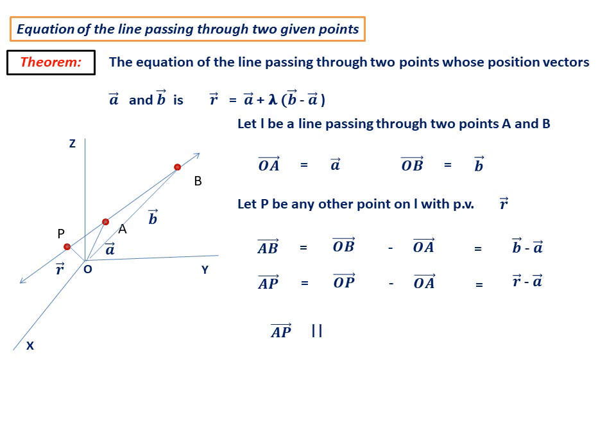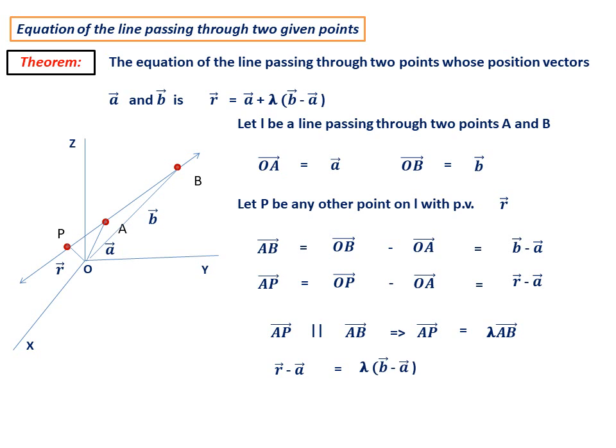Then vector AP also you can take, that is OP minus OA, same formula, so it is vector R minus vector A. Now look here in the diagram, vector AP is parallel to vector AB because both vectors are on the same line and in the same direction also. Therefore this implies vector AP must be equal to lambda times vector AB, property of the vectors. Now once again, what is AP?